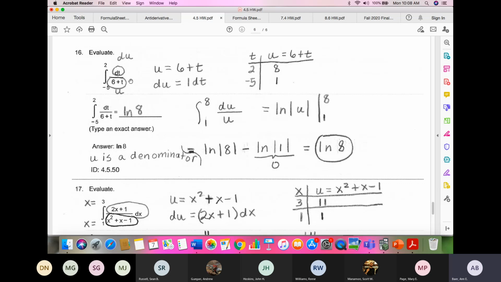Well, we really don't have an exponent here. We really don't have a base in the sense of the bottom of an exponent. But what we do have here is a denominator. So let u be equal to our denominator, which is 6 plus t.